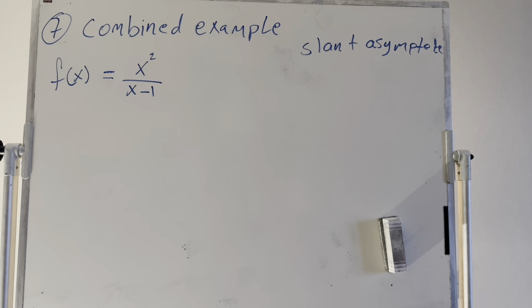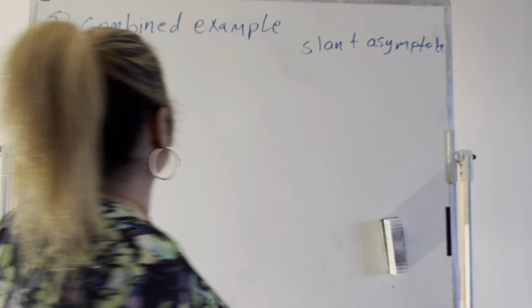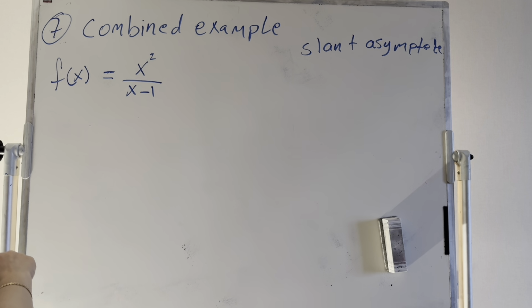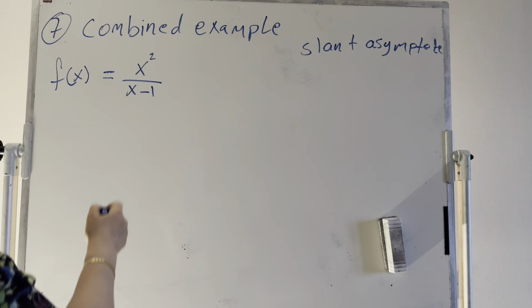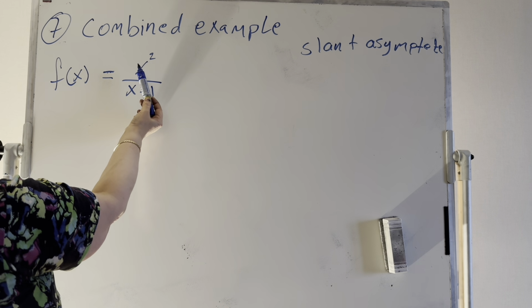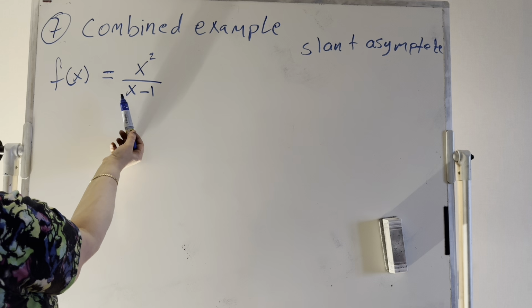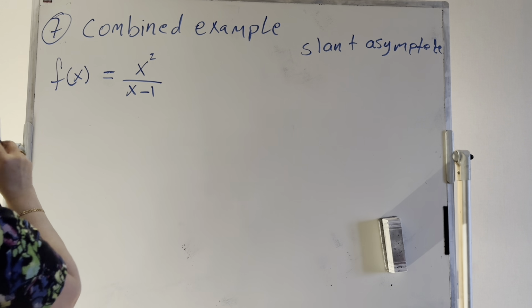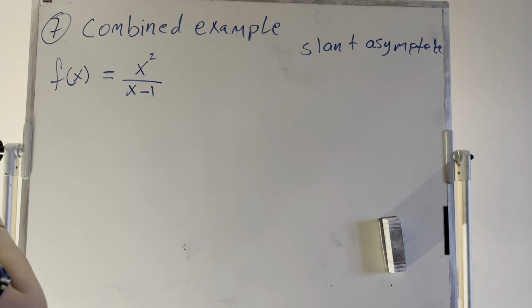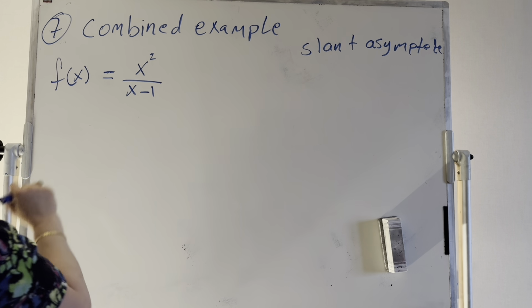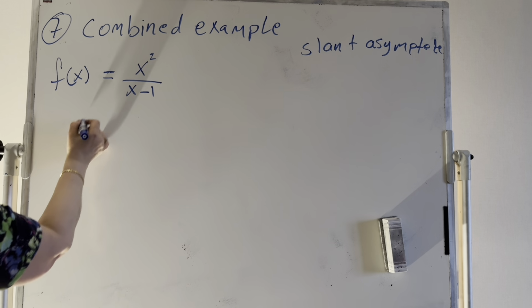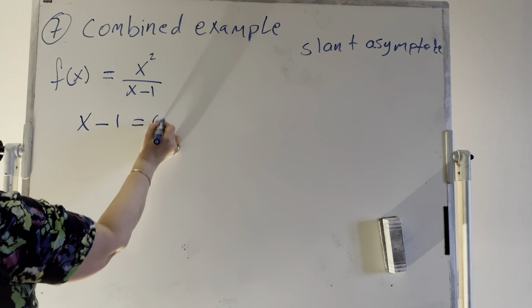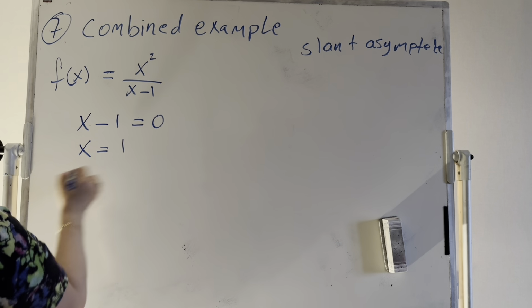Example: f of x equals x squared over x minus 1. In this function, the function has both slant asymptote, because the degree of the numerator is larger than the degree of the denominator, and it has vertical asymptote. We can take x minus 1 equals 0, so x equals 1.